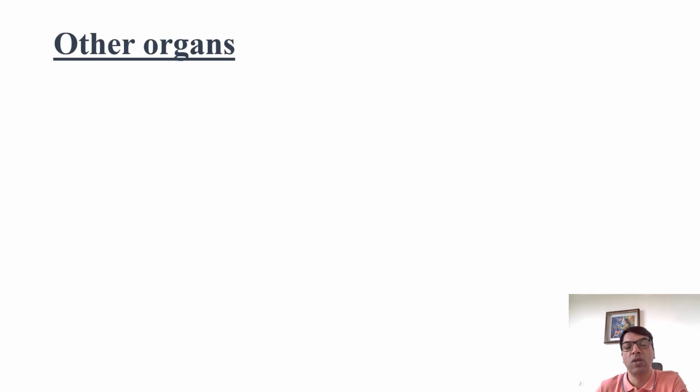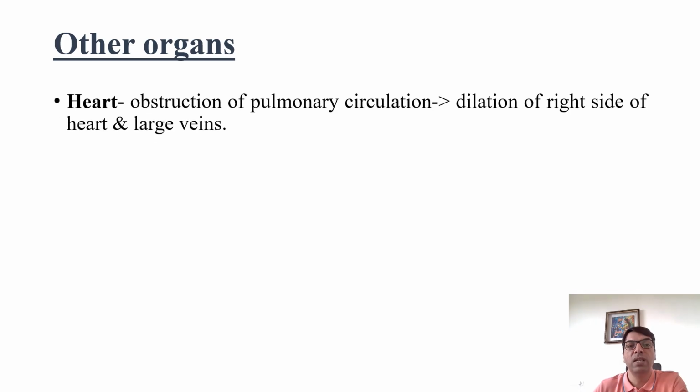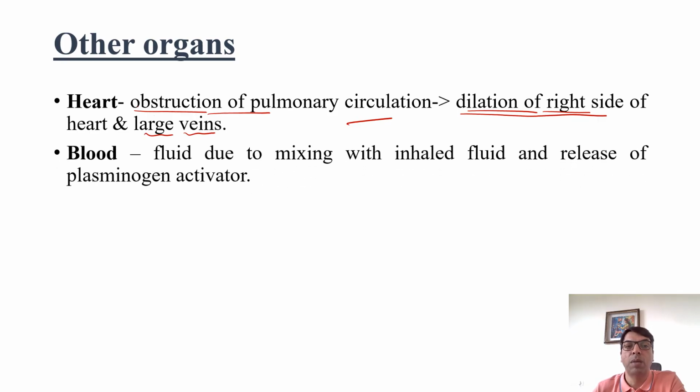Going to other organs on dissection, the heart: because of obstruction of the pulmonary circulation, the circulation from the heart to the pulmonary area is inhibited. Hence, there is dilation of the right side of the heart, and of the larger veins, due to restriction of movement of blood from the heart to the lung. The blood at that time is fluid in nature.